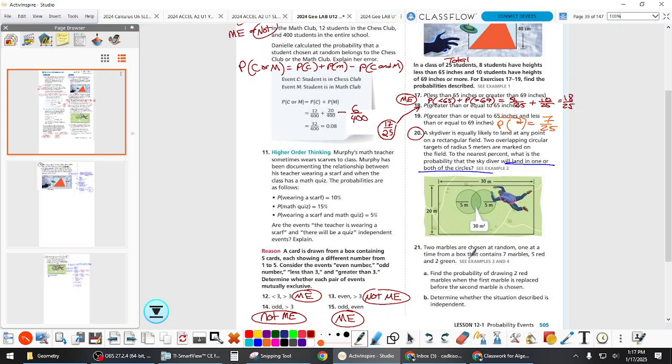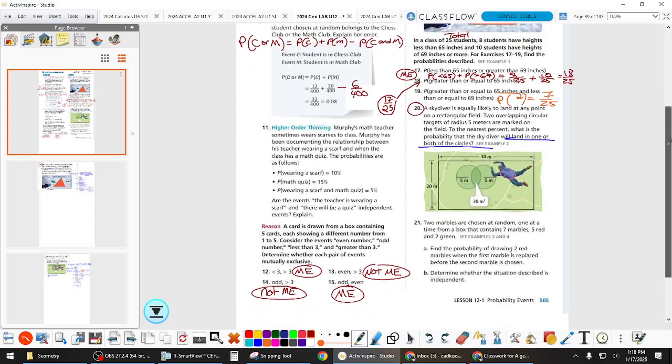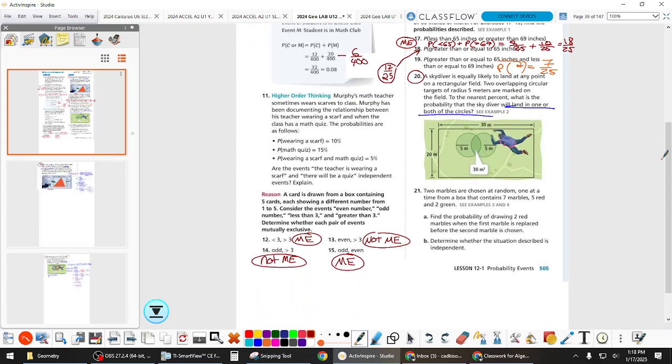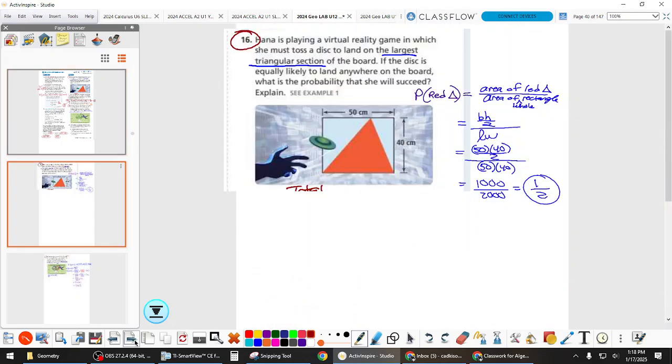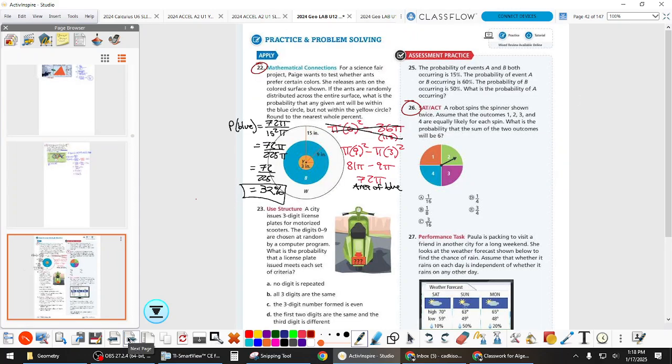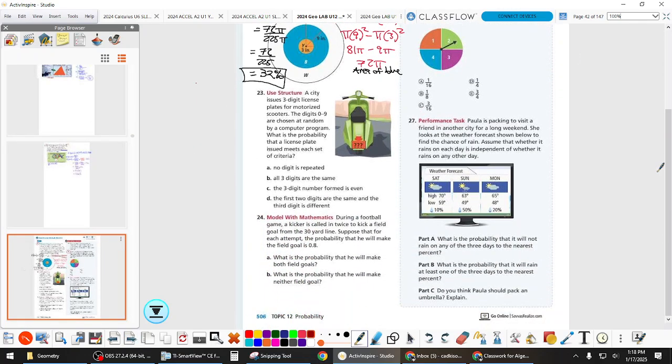And 21. That's kind of like the socks. And then flip to the back. 24. And we'll stop there. So 11, 21, 24.